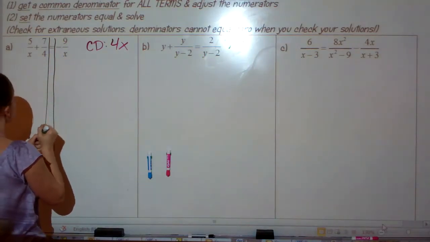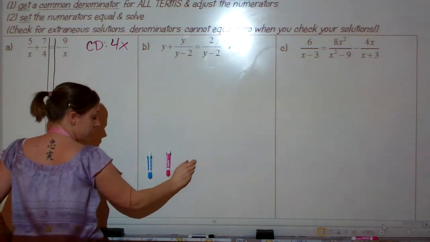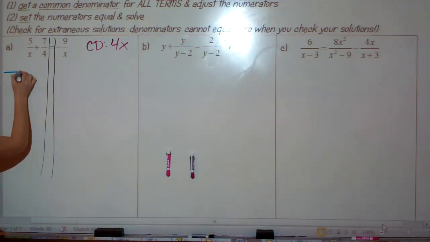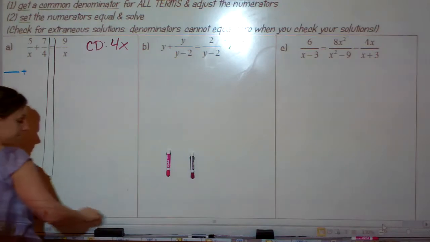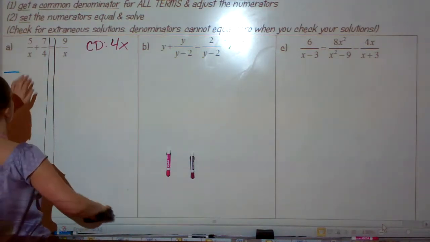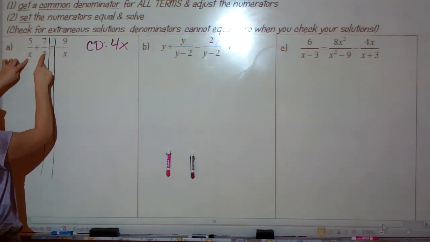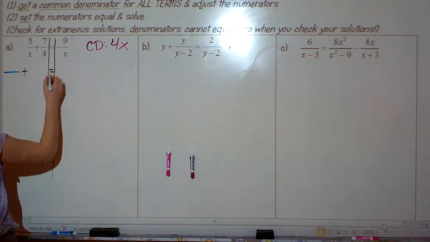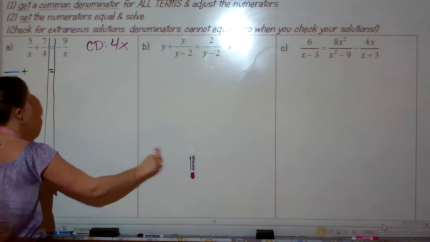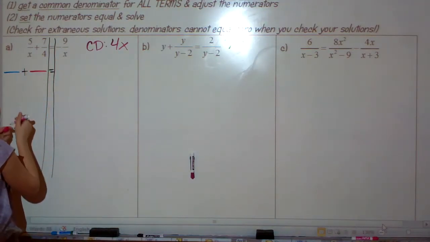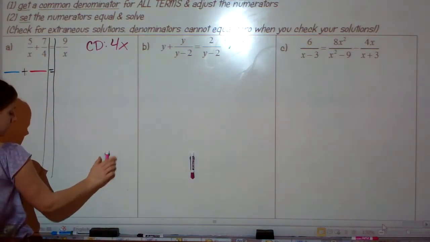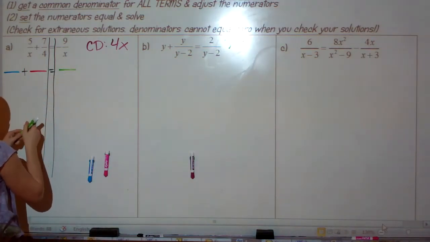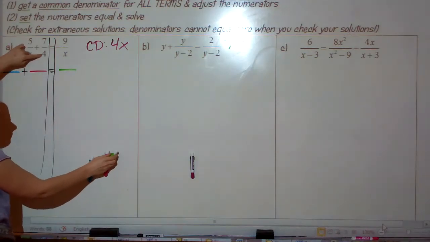So when you look at this first fraction, if the common denominator is 4x, or if you ask yourself, what is this missing compared to this one, it's missing the 4. So let me put in these little parts real quick. And this one. Alright, so this one is missing the 4.